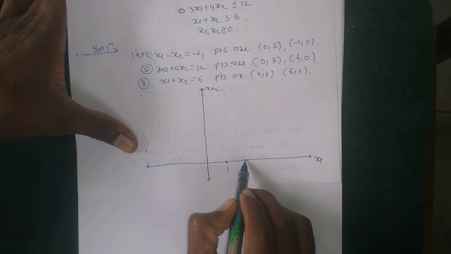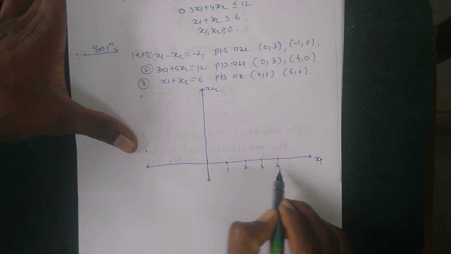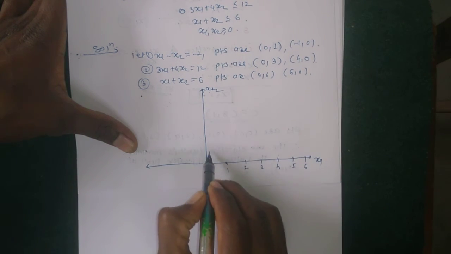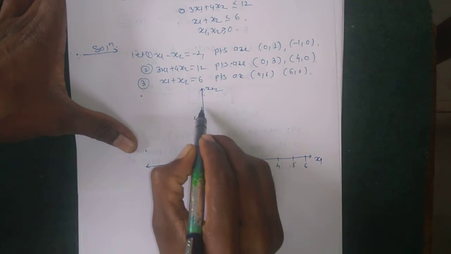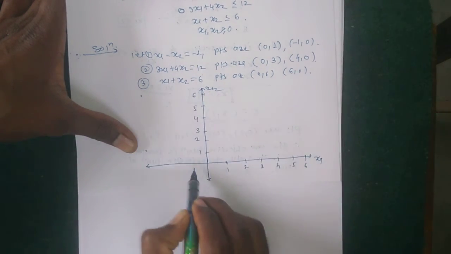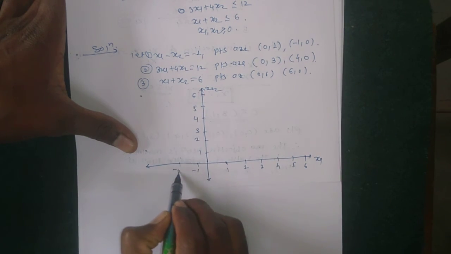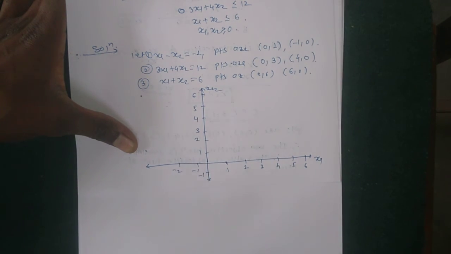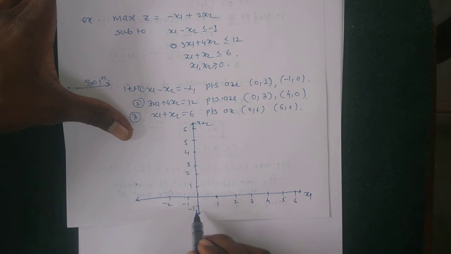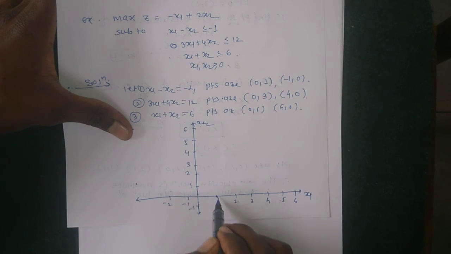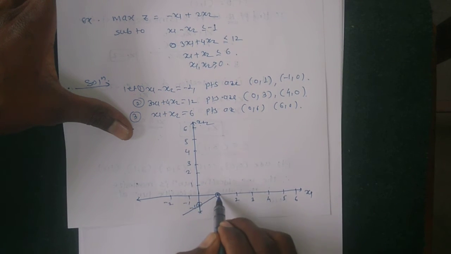So 1 2 3 4 5 6, similarly here 1 2 3 4 5 6, and here minus 1, minus 2, and so on. So plot the graph.